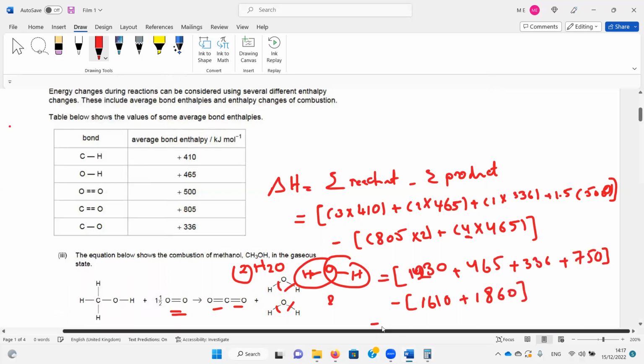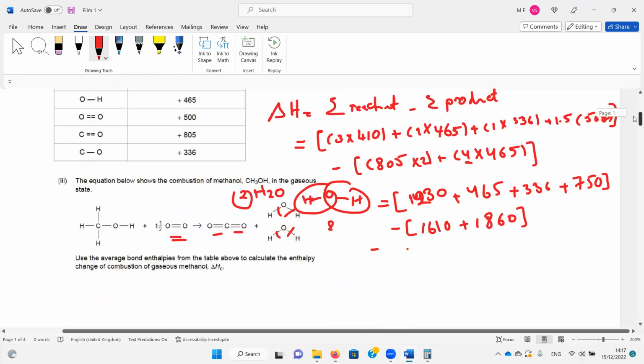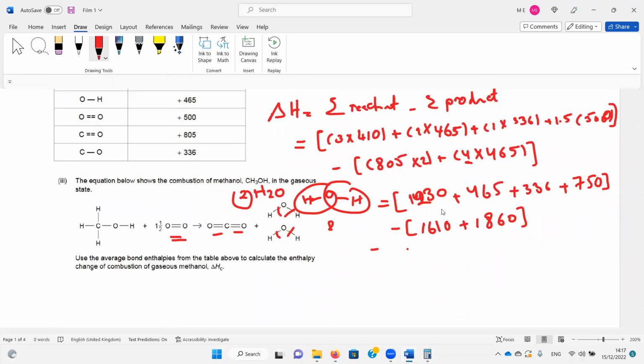So this again equals, and I'm purposefully doing this, and the reason is because I'll explain this when I finish the final digit.